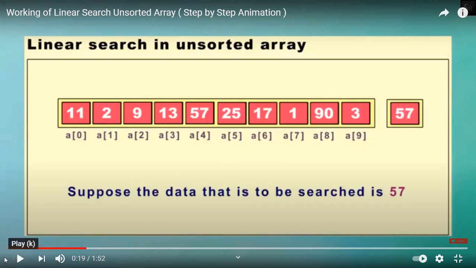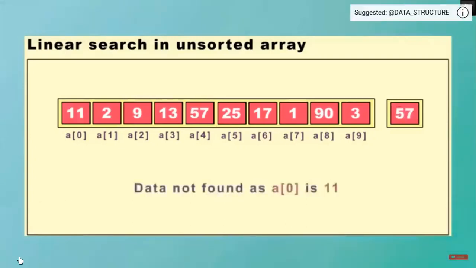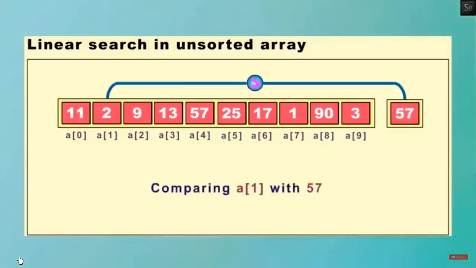All of you see the visual animation. Compare with index 0, 11 equal to 57? No. Next one. Not found. Next one, compare index 1 with 57.